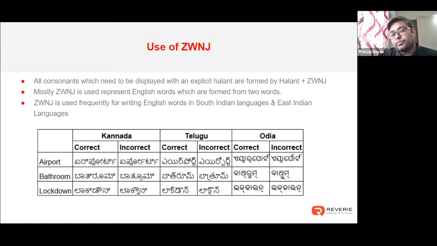And in North Indian languages like Hindi, Gujarati, and all, even if there is a word like airport and you write it with a full r, people will still read it as airport. But in a South Indian context, or say from an East Indian context, you need to put it as an explicit halant. So here are certain examples of where explicit halant is needed, and currently in the Unicode scheme, we represent them with a zero width non-joiner.